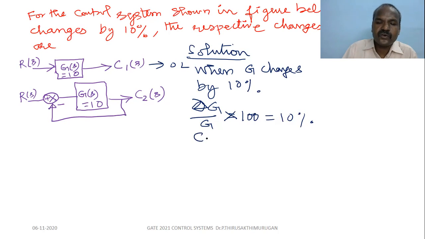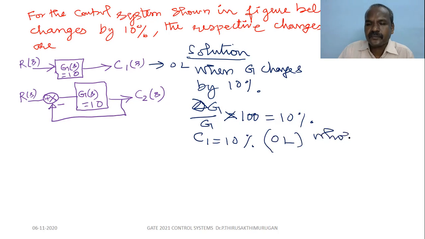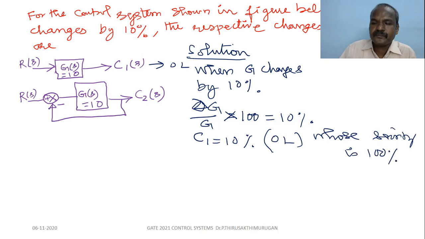So C1 is 10% in the open loop, whose sensitivity is 100%. This is case 1.